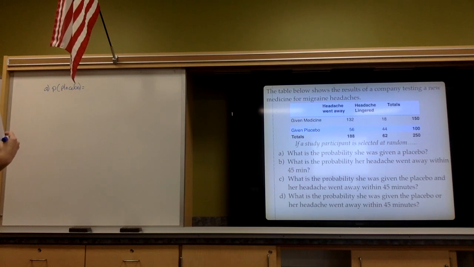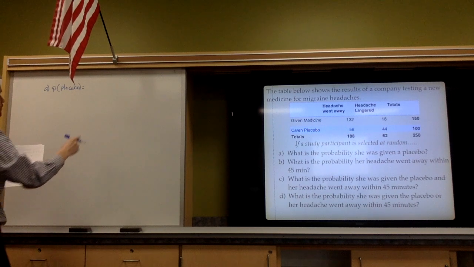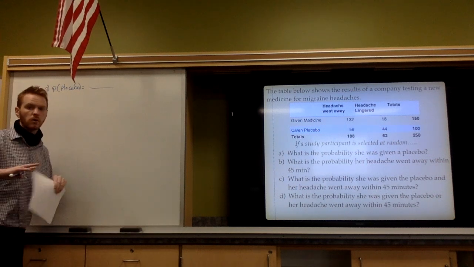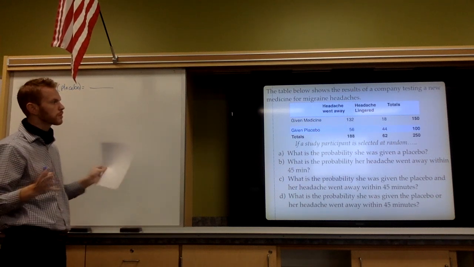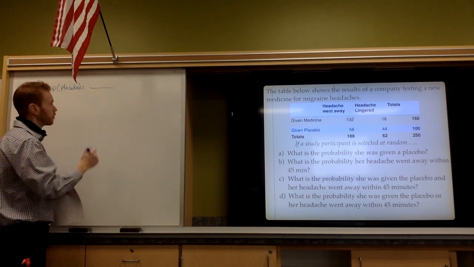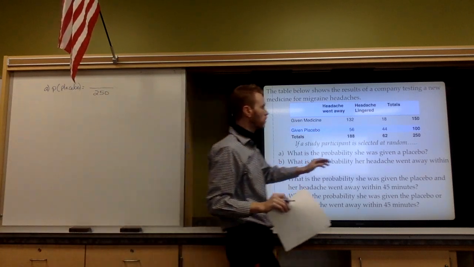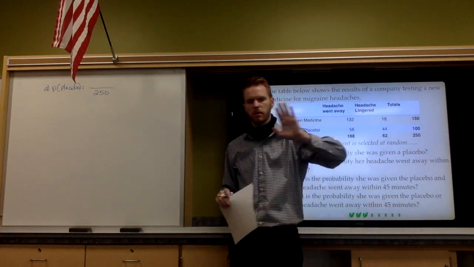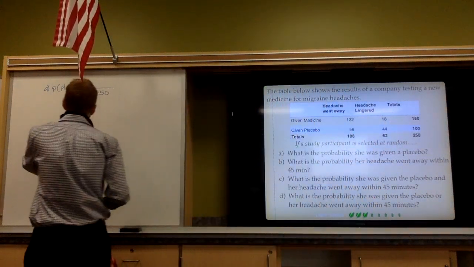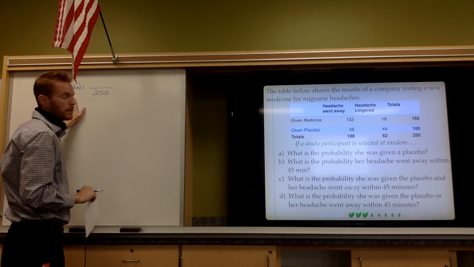So let's take a look here, okay? The bottom of a fraction is always the total of everything. So what are the total number of people that were in this test? We already said it, 250, okay? It's here at the corner. That's how many total people were here. How many had the placebo?